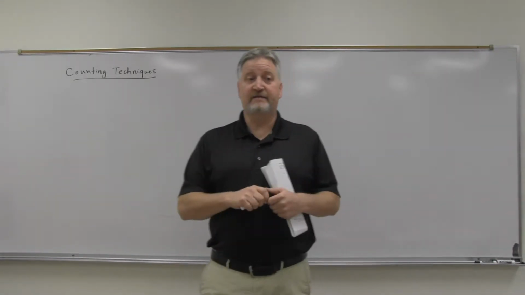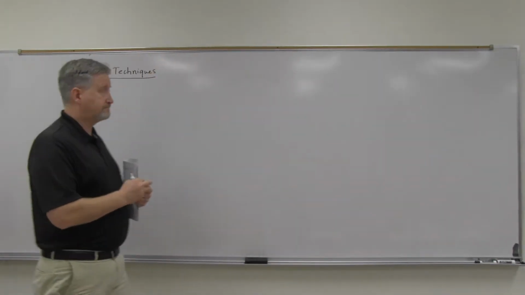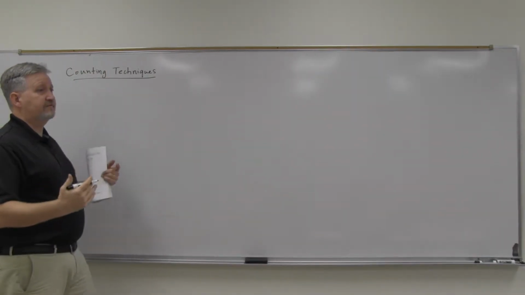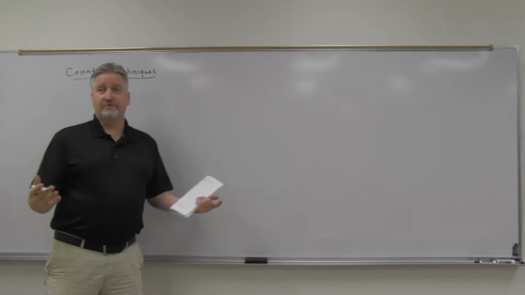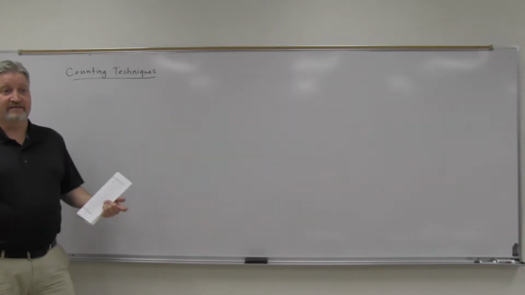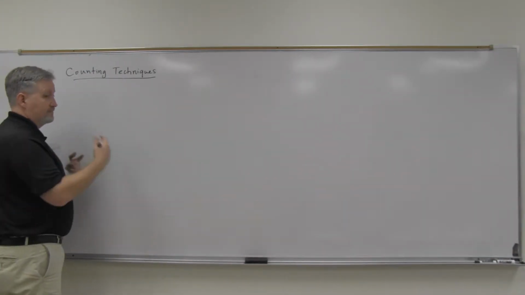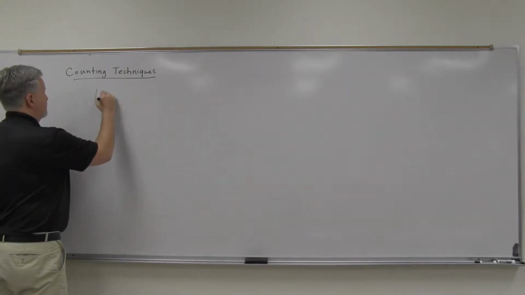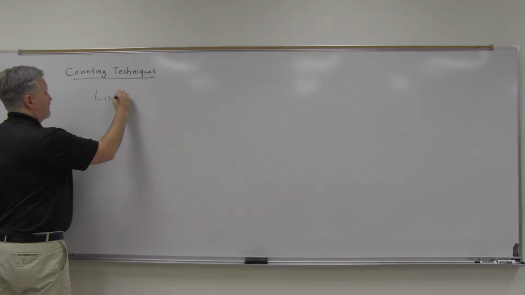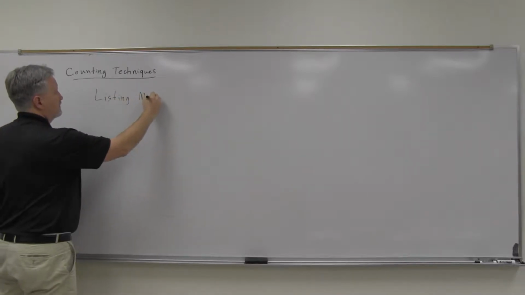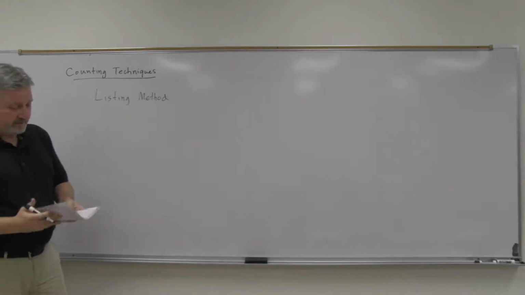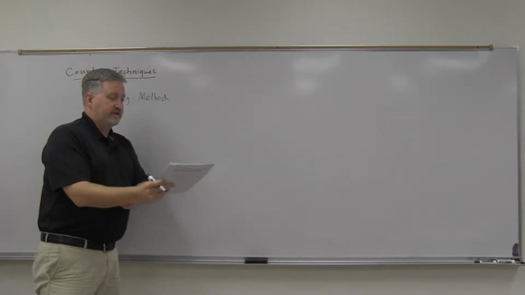It's just by listing everything out. So we're going to talk about several different methods, but the first one is just by listing. We can count the ways something can occur just by listing it out. So the listing method is the first way we'll do this, to figure out how many ways something could occur.